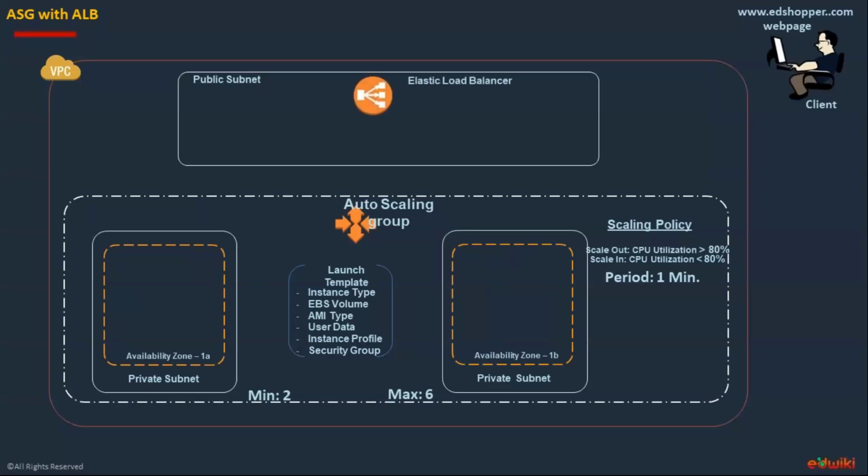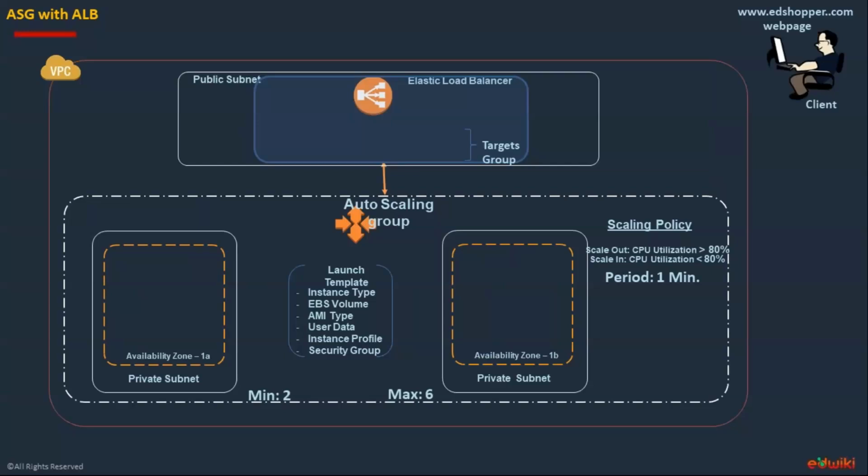In the public subnet, you create a load balancer, right? Then you attach your load balancer to your auto scaling group. I mean, it is your target group in a way, right? Correct. So you create a target group and you attach the target group to the auto scaling group.